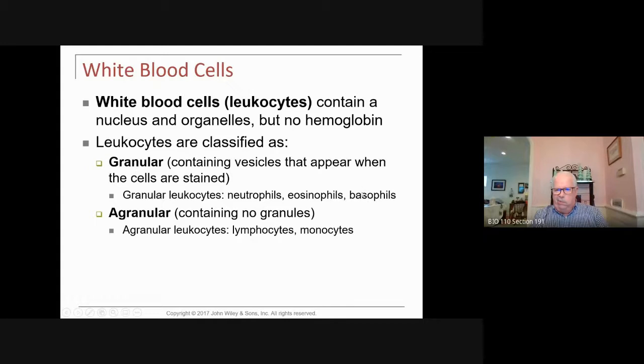Baso means blue. And neutrophils have granules that are both pink and blue. So the granular leukocytes are neutrophils, eosinophils, and basophils. The others are agranular. They contain no granules in their plasma. And the agranular leukocytes are lymphocytes and monocytes.